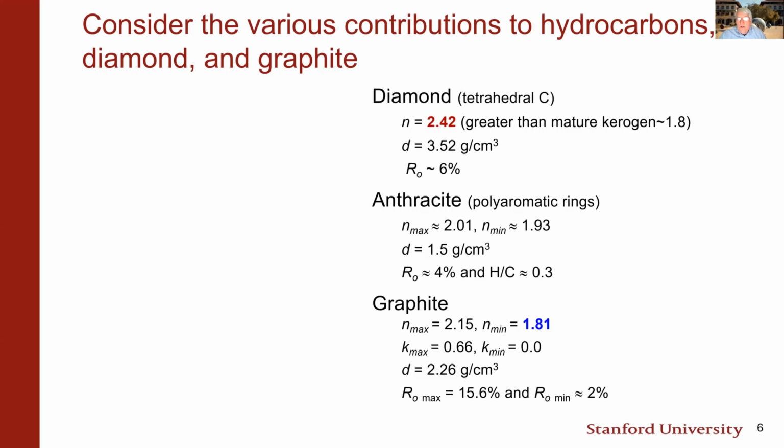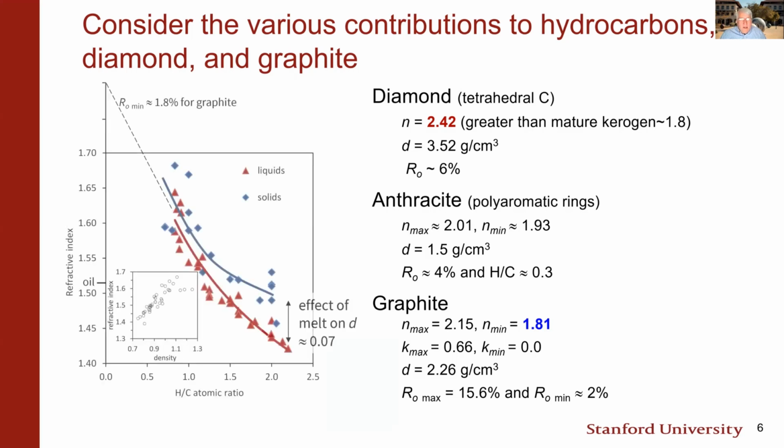There's essentially no absorption in the visible range. That is somewhat surprising, but these are the measurements that have been made. So now if we go on the left-hand side, you can see the refractive index as a function of the hydrogen to carbon ratio for various hydrocarbons. I plotted here solids and liquids.